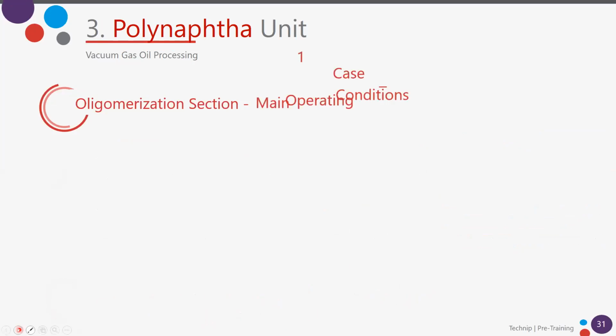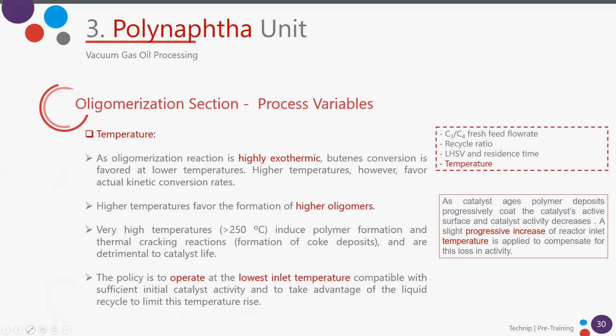So these are more or less the process variables in this section. Remember the feed, of course, the content of olefins in the feed will give you the product that we will get from this oligomerization section. The recycle ratio limits the temperature increase in the reactor.